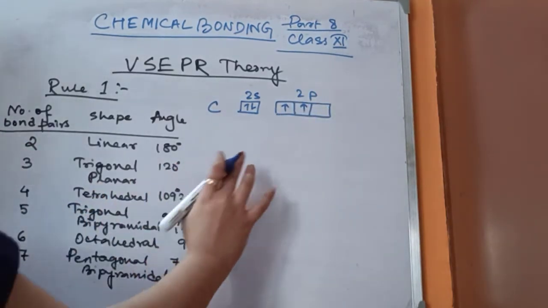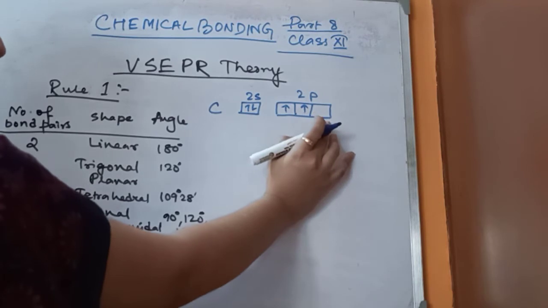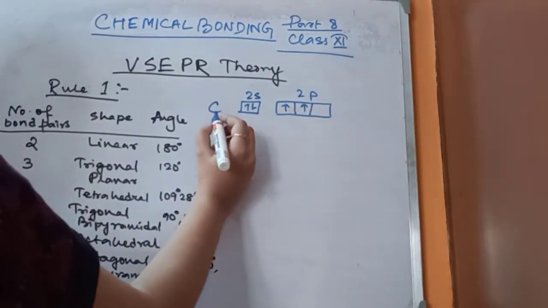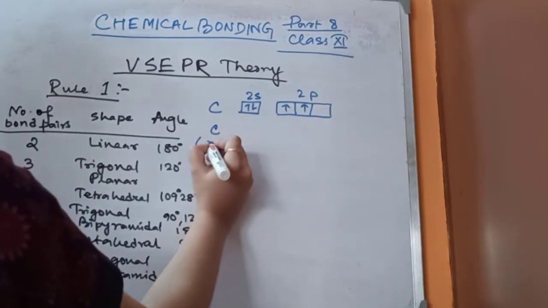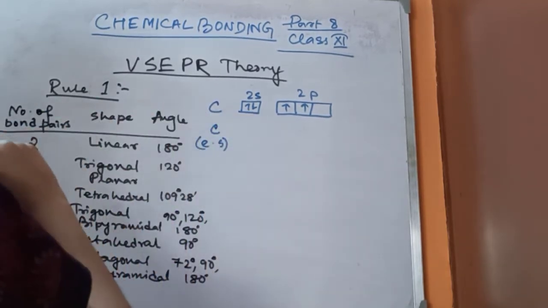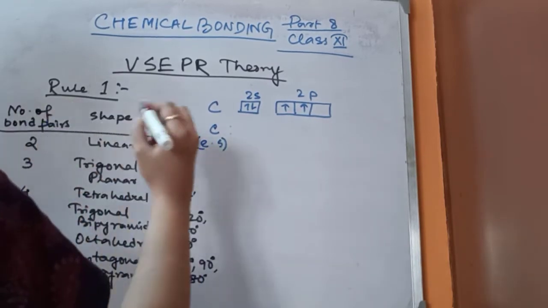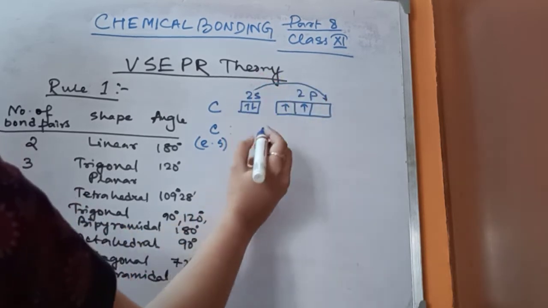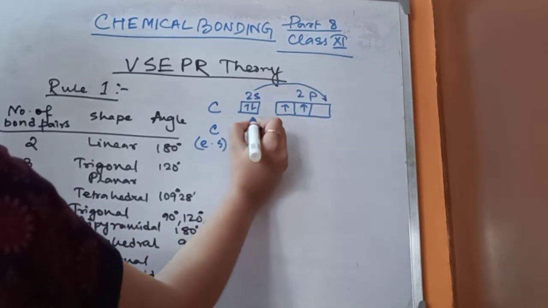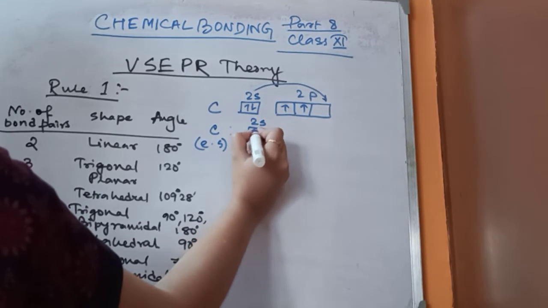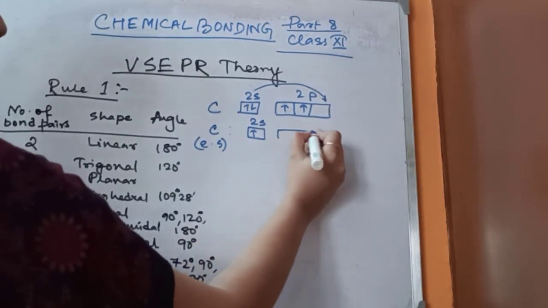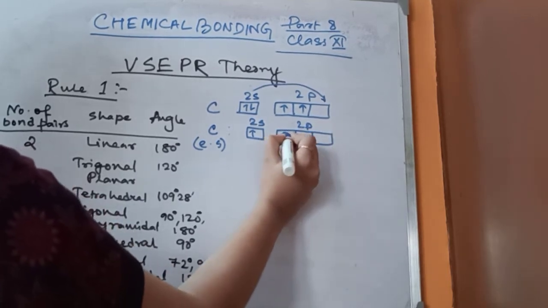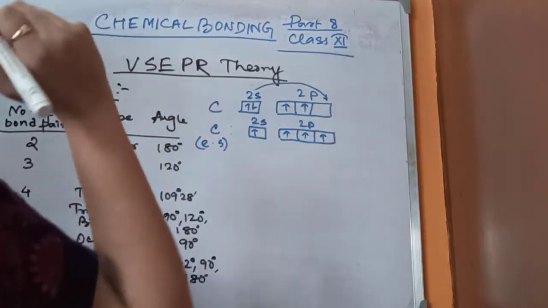But you can see that there is one orbital which is empty. It can accommodate two electrons as well. So carbon will go to the excited state. In the excited state, one electron from the 2s will be promoted to the 2p, like this.